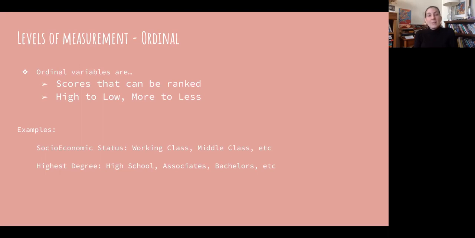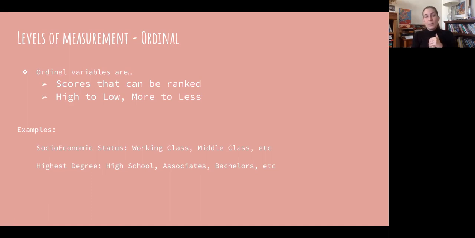So if I asked about socioeconomic status, working class, middle class, upper class, I can't exactly quantify the differences there, at least with that formation of the question, but I can rank those, not in terms of best to worst, but in terms of least wealth to most wealth. So I can see there's some sort of order there. So of course the word is ordinal. If you feel like there's some sort of order there, that usually works.